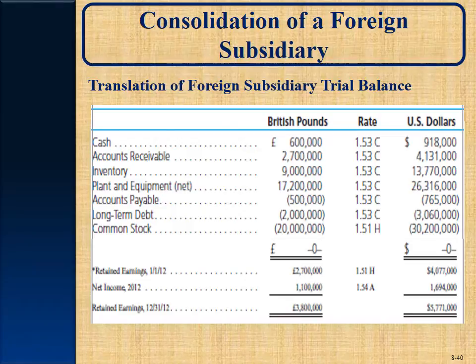Net income is converted at an average rate, because under the current method, that's what you use for the whole income statement. So the retained earnings balance at December 31st, 2012, $5,771,000. Now, we take the 918 plus the 4, oops, let's keep going here.